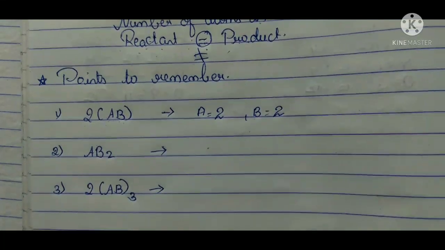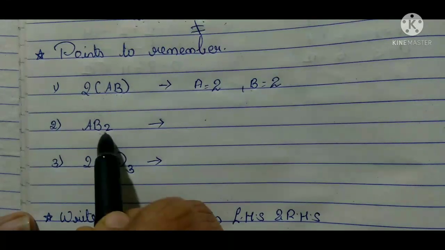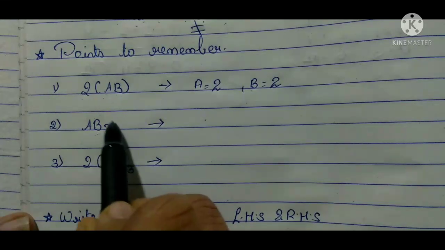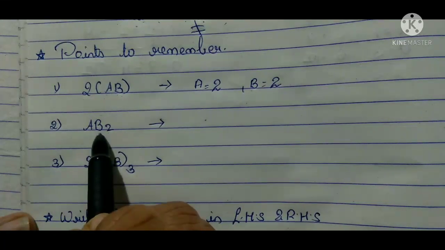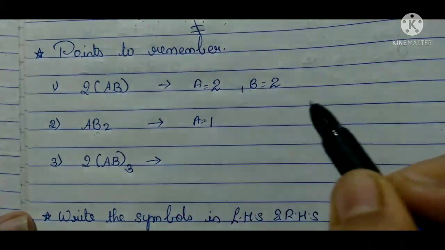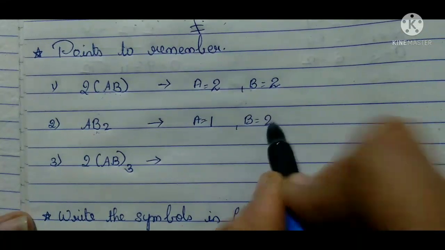First point is clear. Now come to the second point, AB2. Here the number is given beside B, so this number indicates the number of atoms of B. So here A is 1 and B is 2.